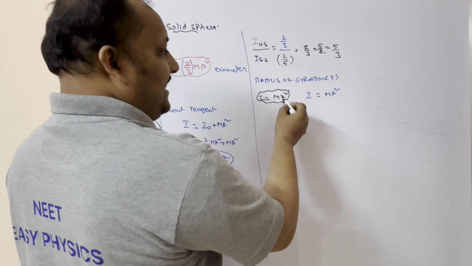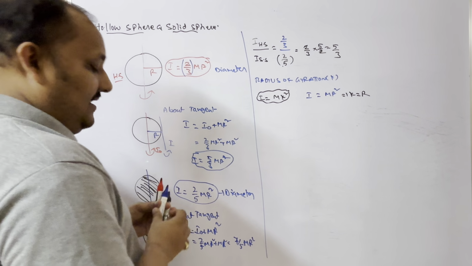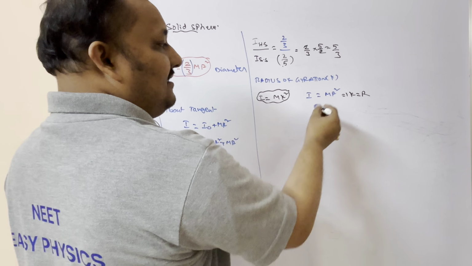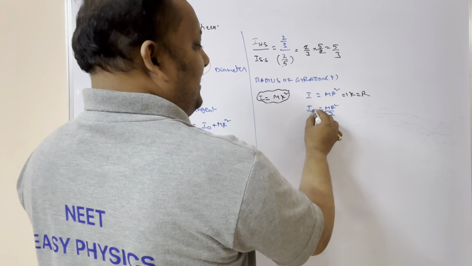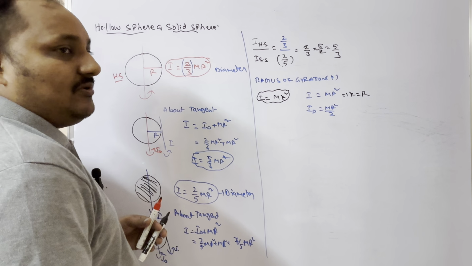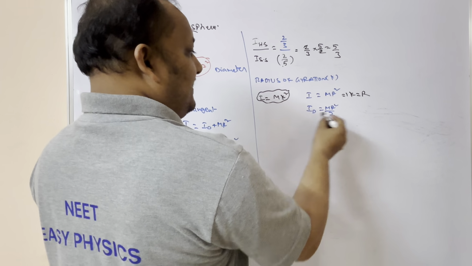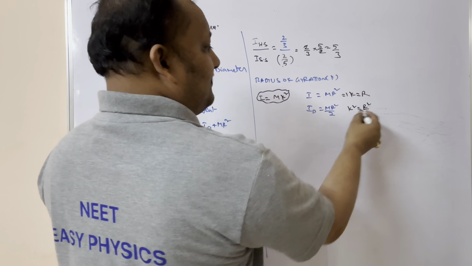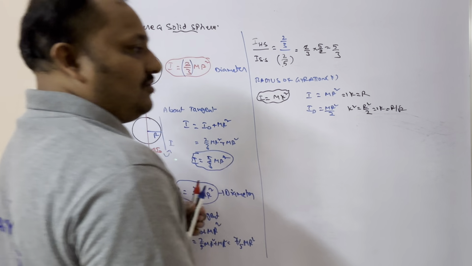If you compare with k, k is going to be equal to r. Next, for ring about diameter, what we said? It is m r square by 2. At that time, if you compare, k square is going to be r square by 2 if you remove m, then k is going to be r by root 2.